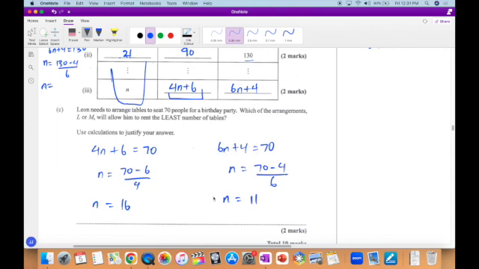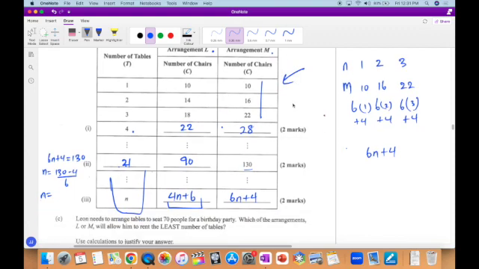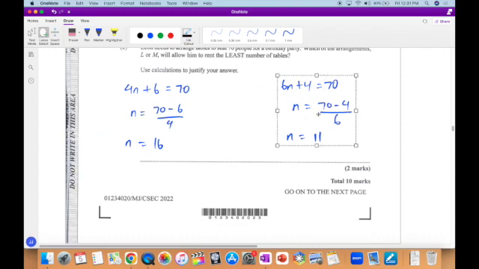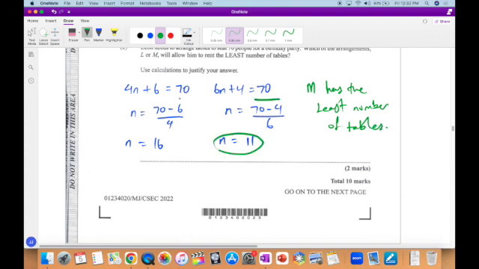We can see that for the same 70 people, arrangement M will cost less. Arrangement M has the least number of tables. In arrangement M, for 70 people, we only need 11 tables, and for the other arrangement we need 16 tables.